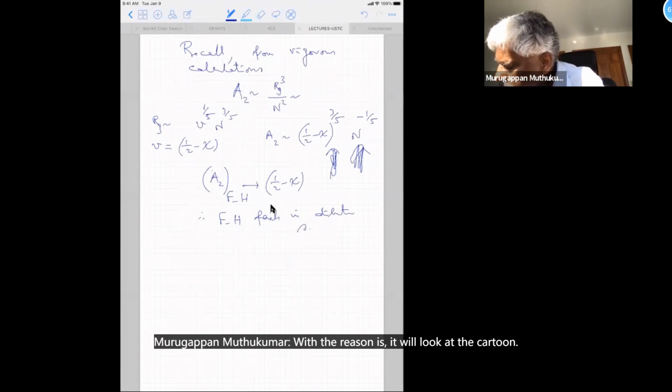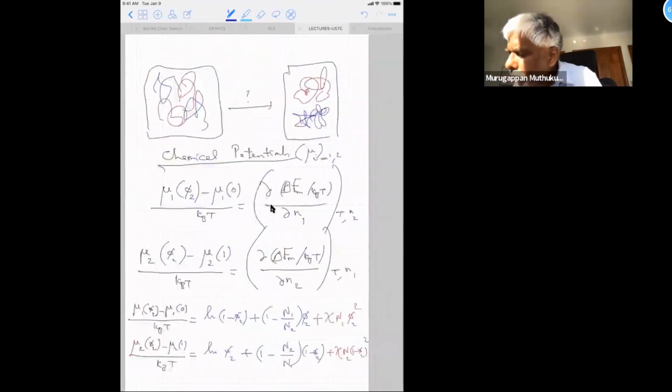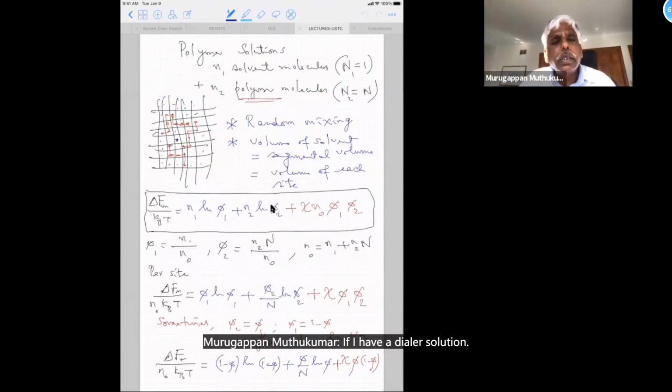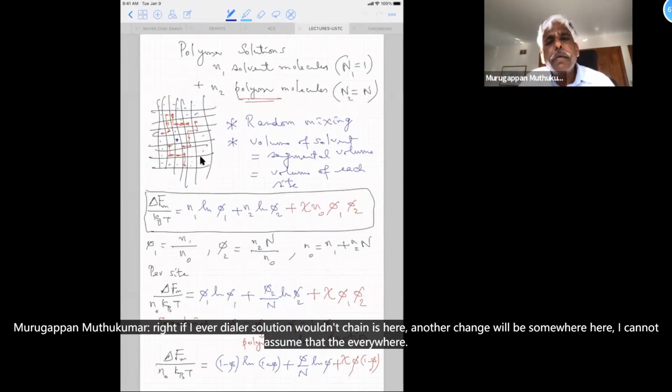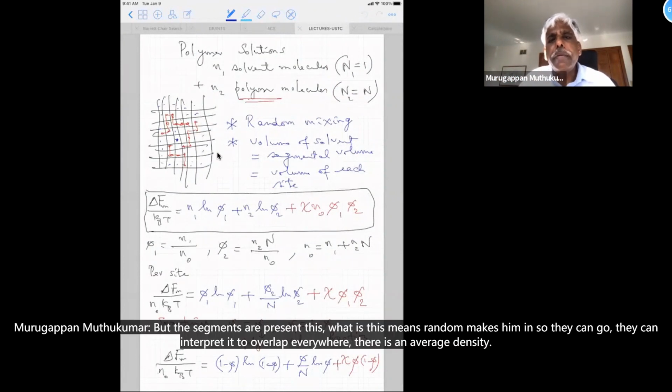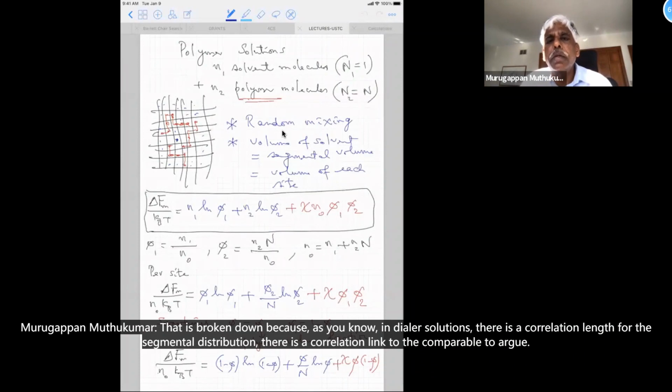Why is that? The reason is, you go look at the cartoon. If I have a dilute solution, one chain is here, another chain is going to be somewhere here. I cannot assume that everywhere the segments are present. Random mixing means that they can interpenetrate and overlap everywhere. There is an average density. That is broken down, because as you know, in dilute solutions, there is a correlation length for the segmental distribution.